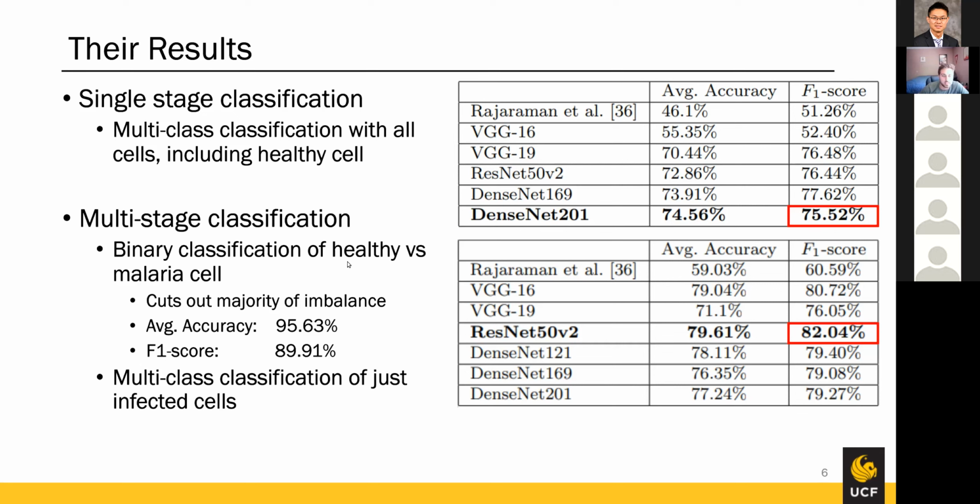And then for multi-stage, they started with that binary. They got an F1 score of 89.91%, which is pretty good with an accuracy of 95%. And then they fed that into the multi-class network, and that got an average F1 score of 82.04%, which was just about 6.5% better than their single stage work.